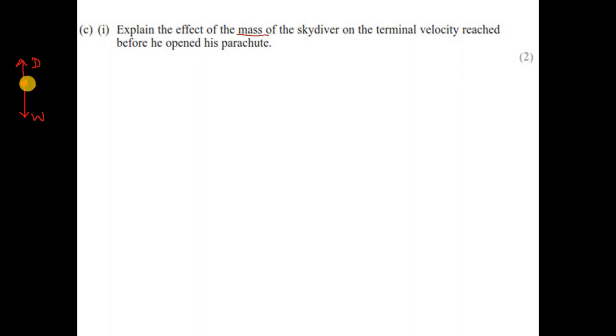These two forces are acting when the diver is coming down. Due to mass, weight is going to change. Suppose you increase the mass, that will cause weight to increase because W is equal to mg. If you increase the mass, then weight is going to increase.